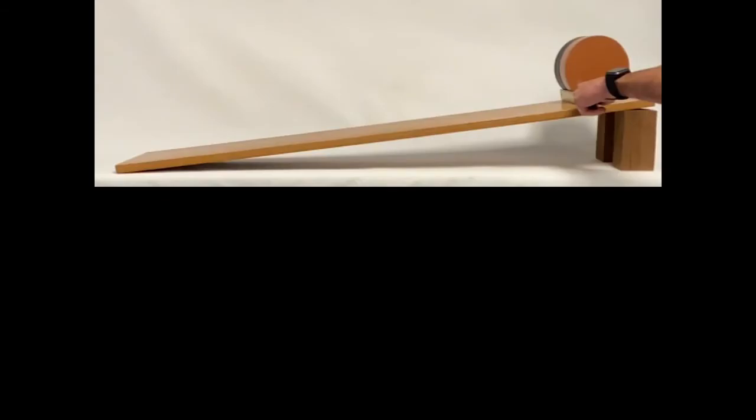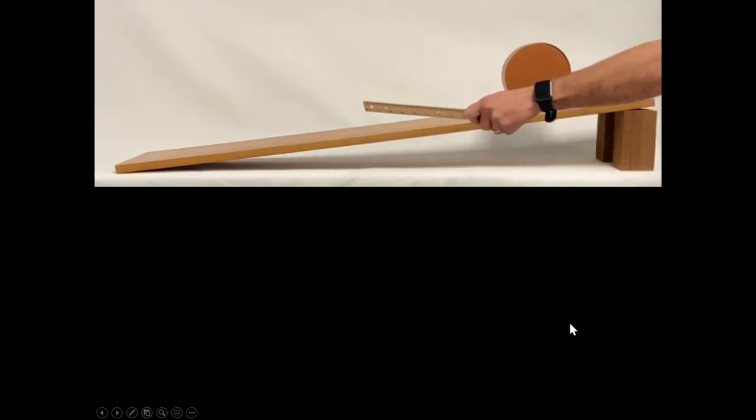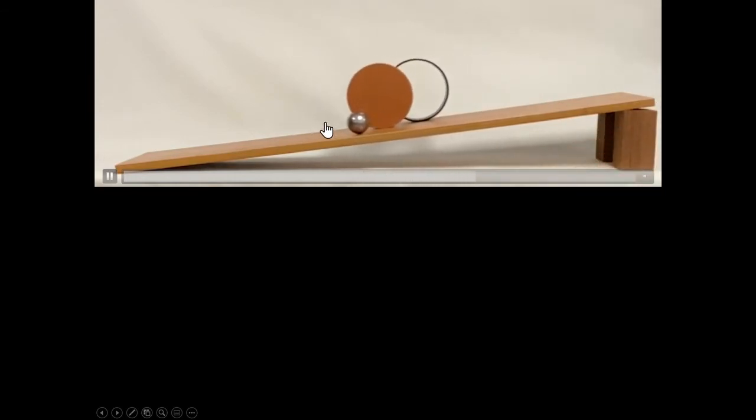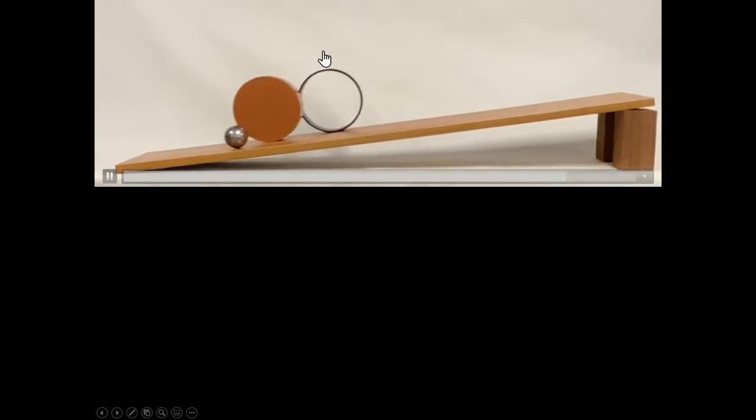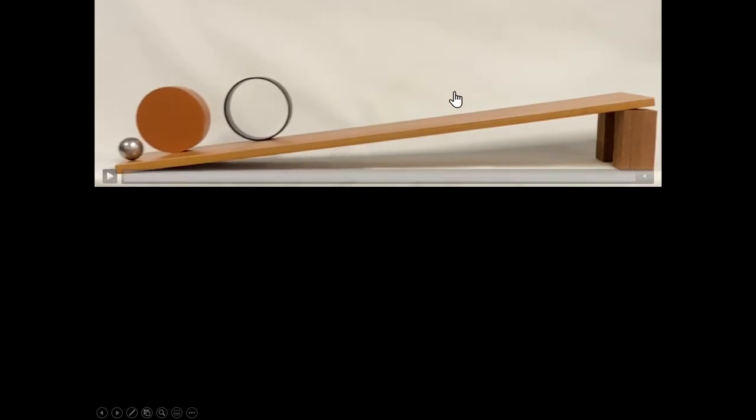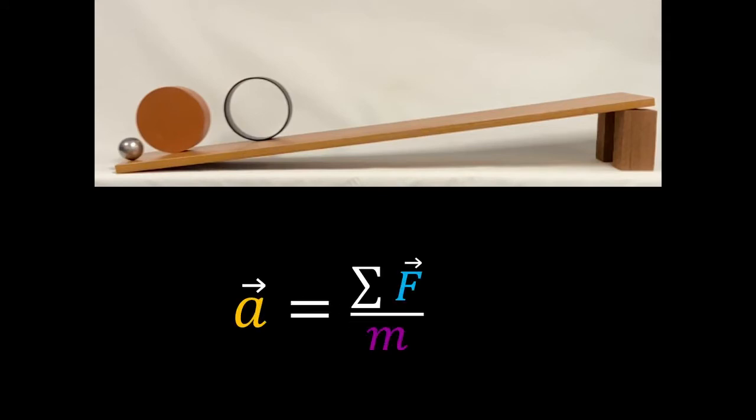But that's not true if you put it on a ramp and let it go. If you let all three of those go at the same time, the sphere is going to get out ahead of the disk, and the disk is going to get out ahead of the ring. They don't accelerate at the same rate when they're rotating.